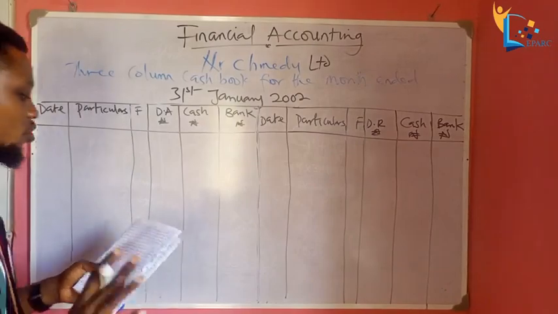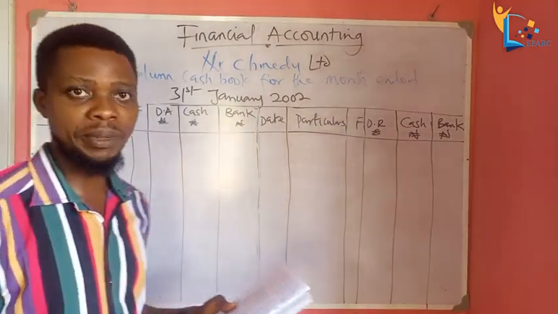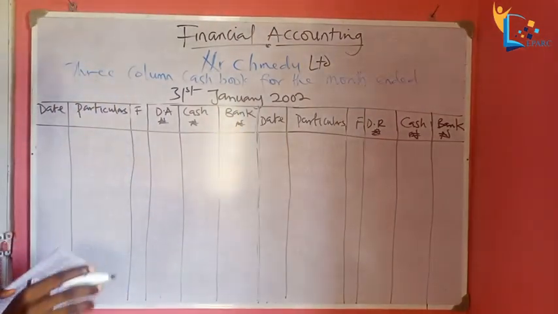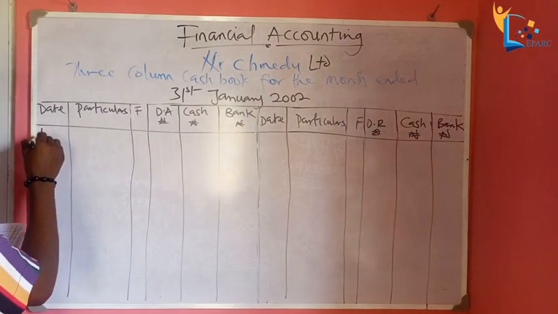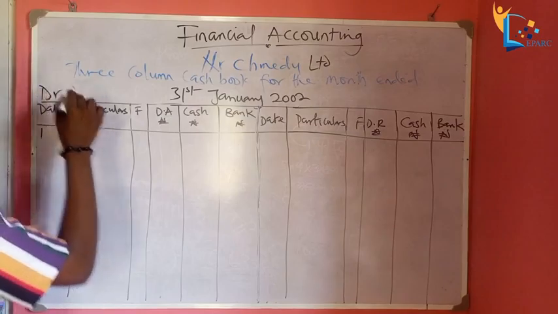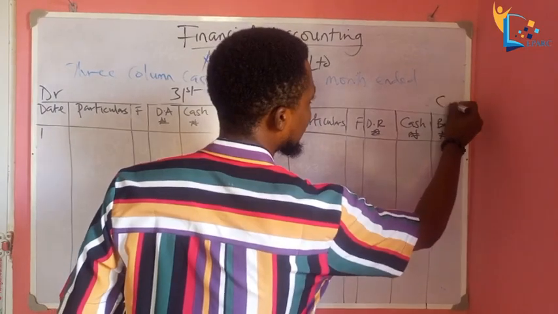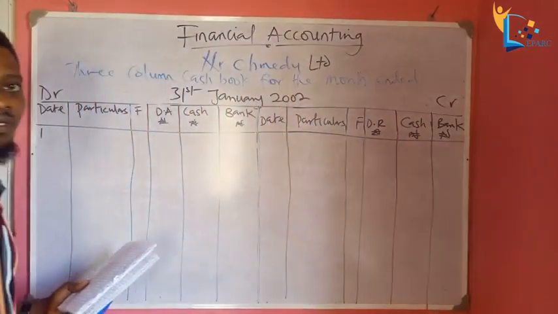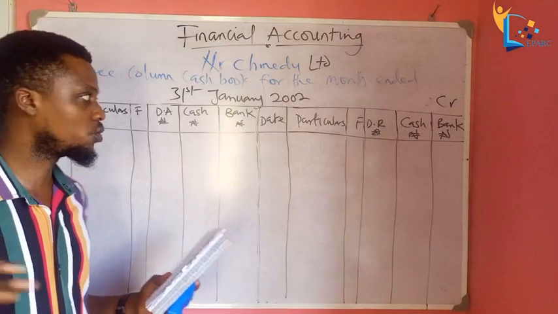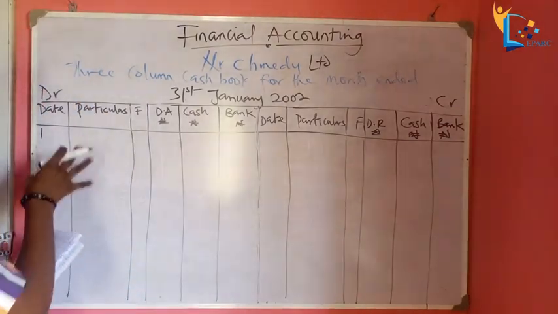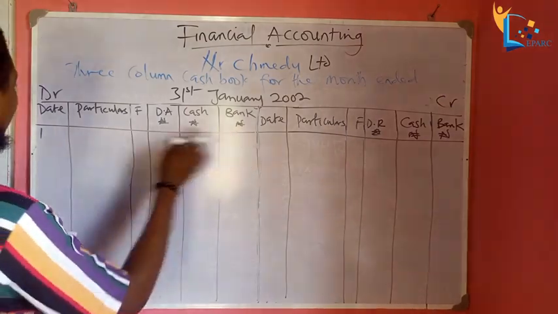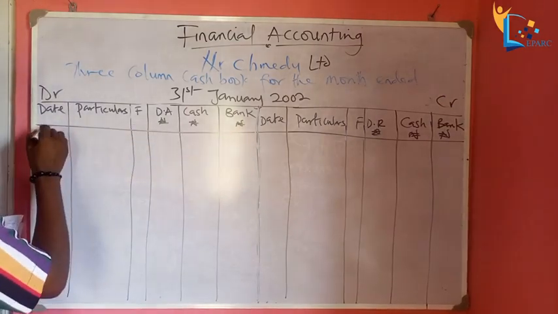So that 720,000 is the capital, and in the cash book you create your debit and credit sides. This is the debits and this is the credits. Remember the double entry rule: you debit the receiver and credit the giver. So you debit bank because bank is receiving this money.